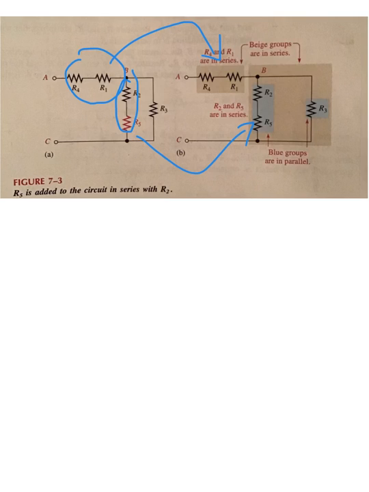But you see, those two pieces of series circuits are not connected to each other exclusively because this resistor in red is in the way.